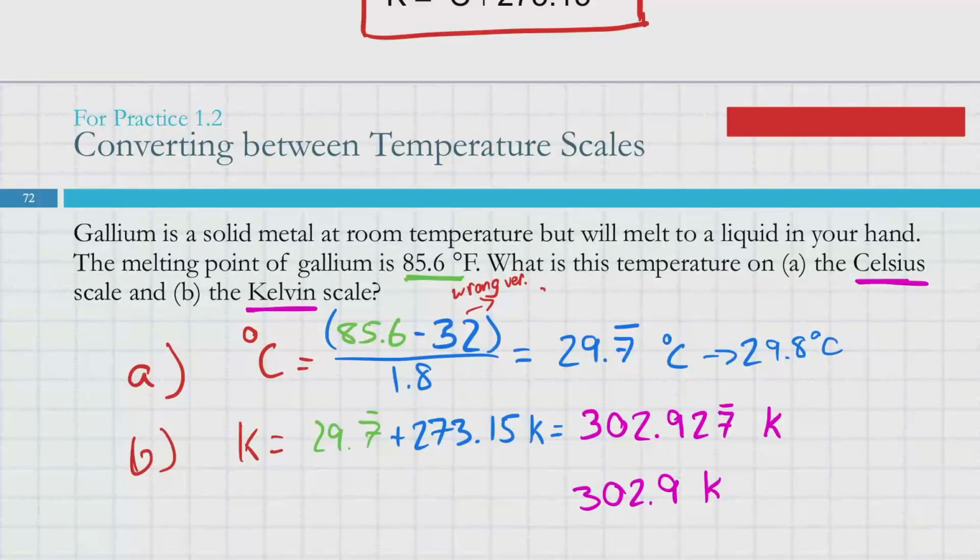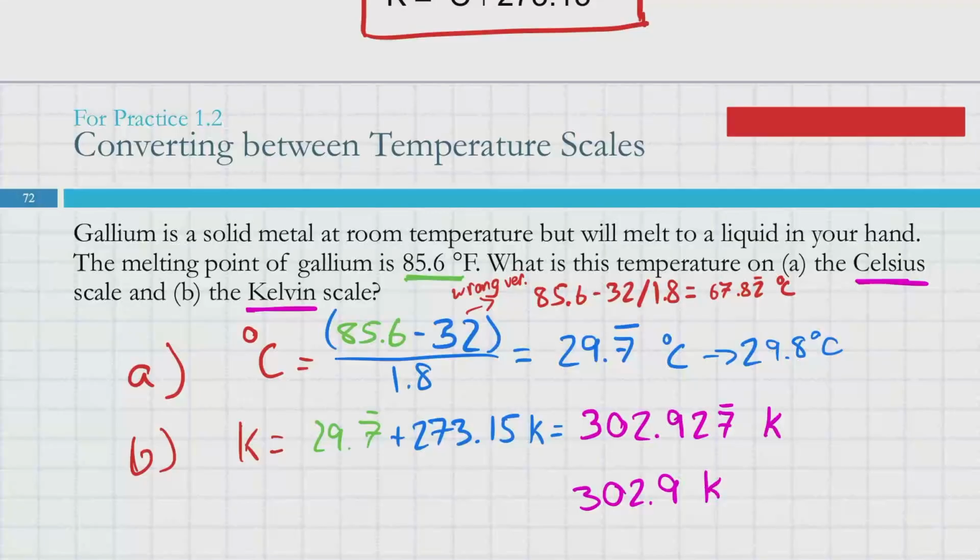If you put into your calculator 85.6 minus 32 divided by 1.8, you will get something that is not correct. And that something is 67.82 repeating degrees Celsius. The reason this is wrong is your calculator is going to do the division before it does subtraction. So it does 32 divided by 1.8, and then it subtracts that from 85.6.